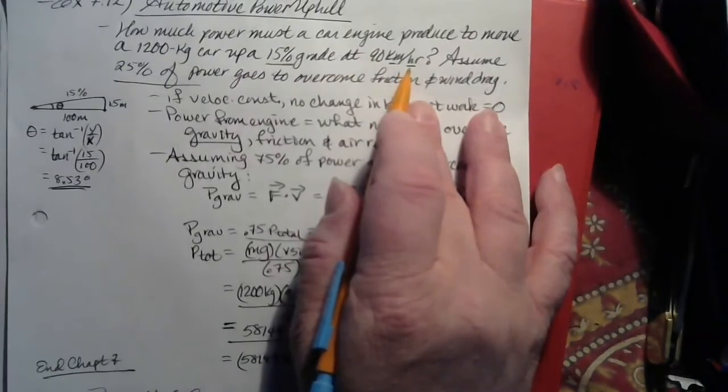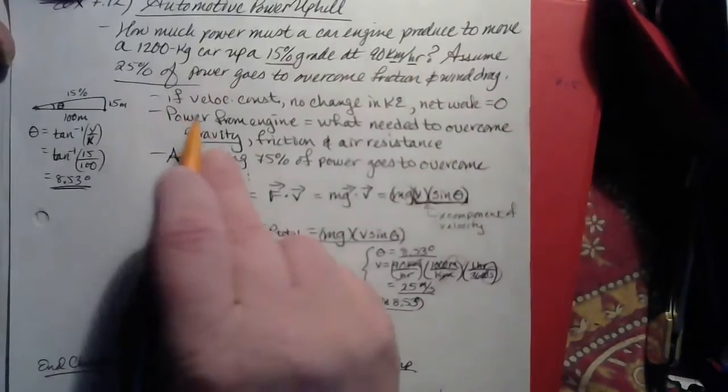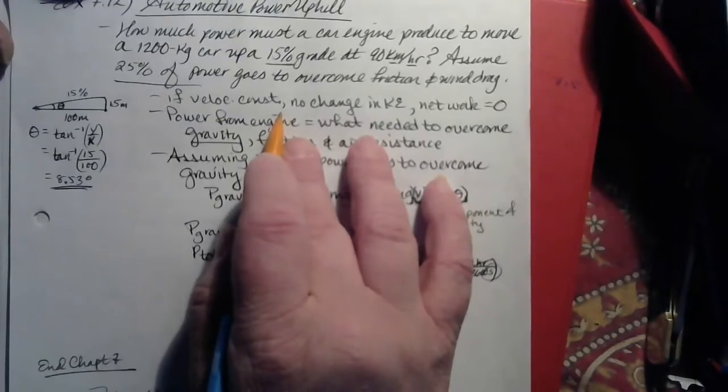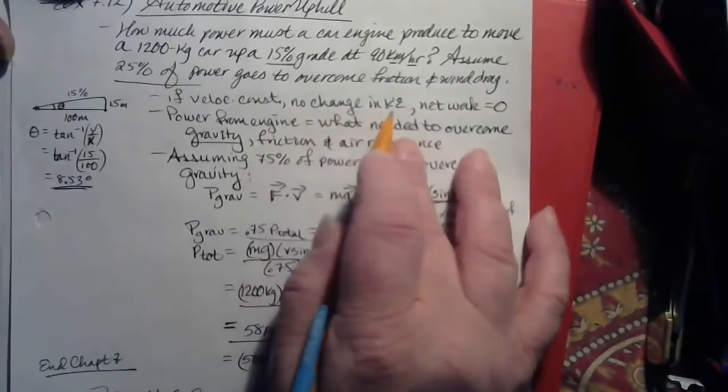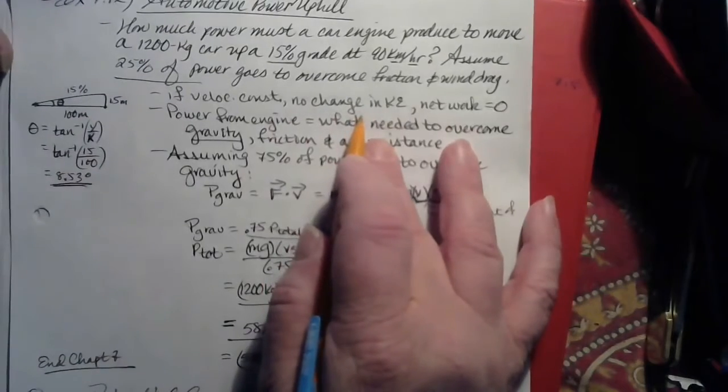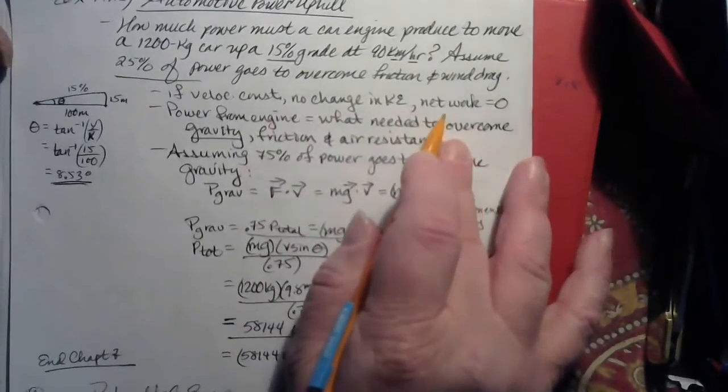So under those circumstances, you can assume that it means constant velocity. And if the velocity is constant, that means there's no acceleration. And if there's no acceleration, there's no net force. If there's no net force, there can't be any net work, and there's no change in the kinetic energy. So the kinetic energy is constant.